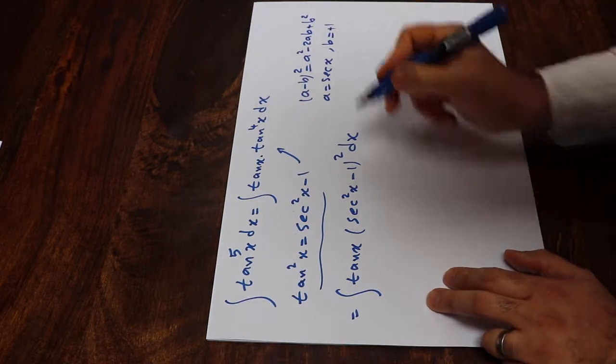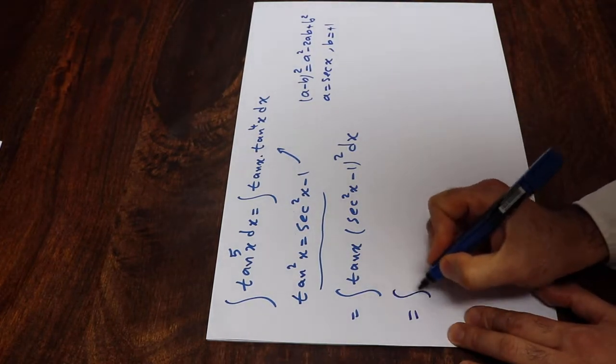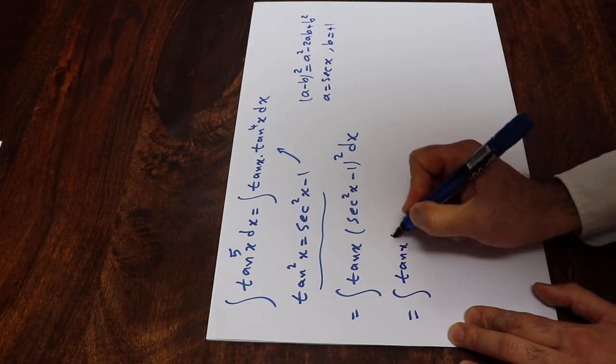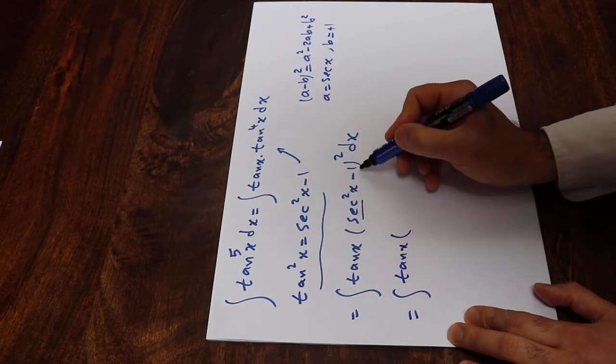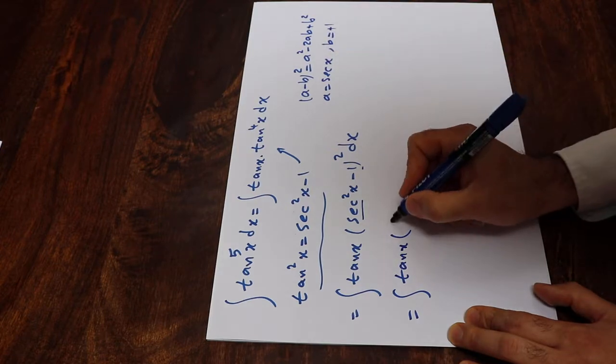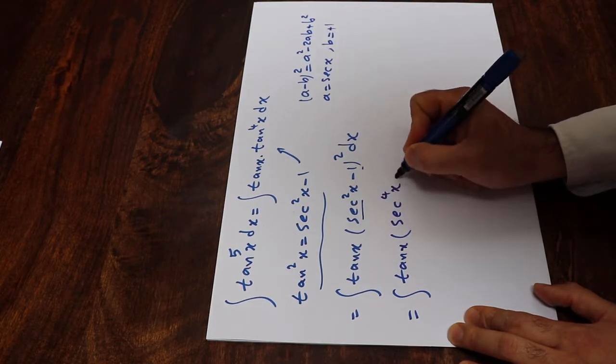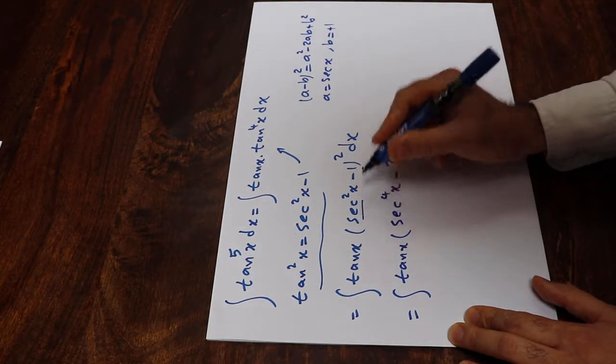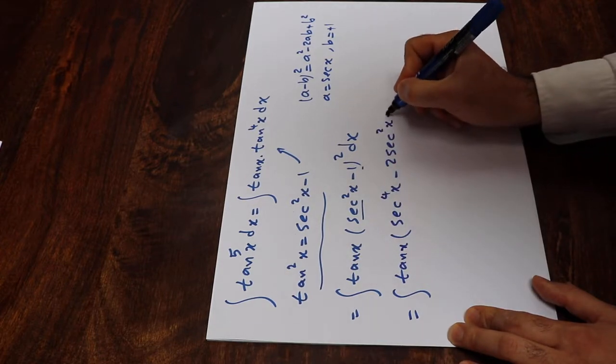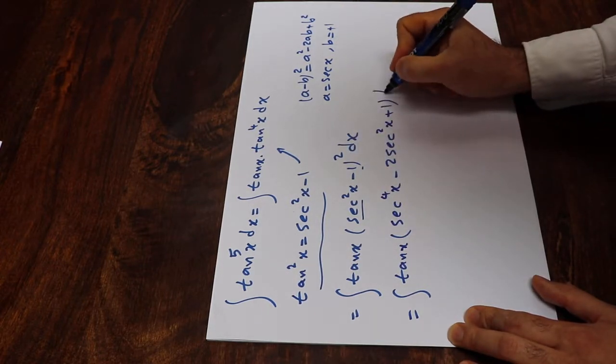Therefore, you can rewrite this integral as the integral of tangent x times a squared, that is secant 4x, minus 2ab, 2 times 1 times secant squared x, plus b squared, which will be 1, dx.